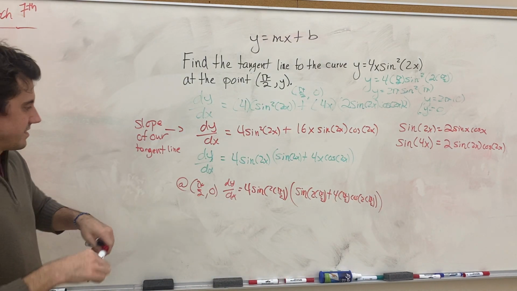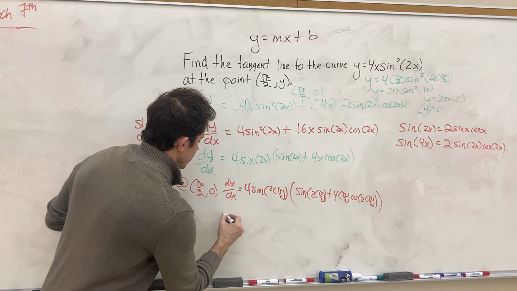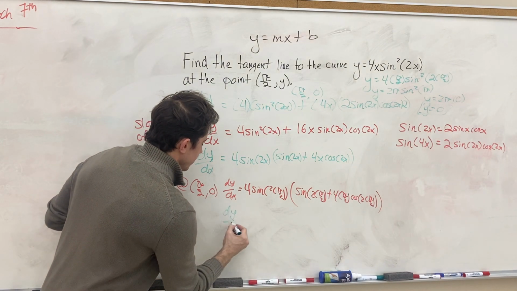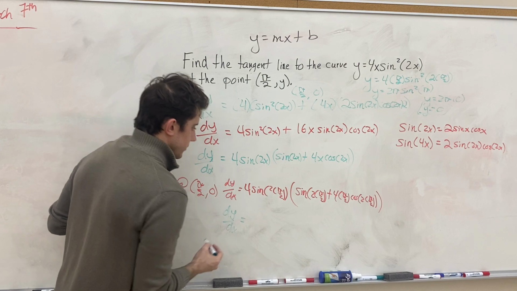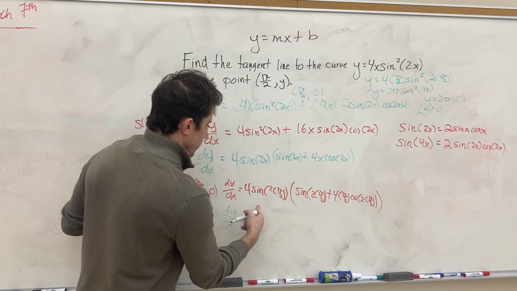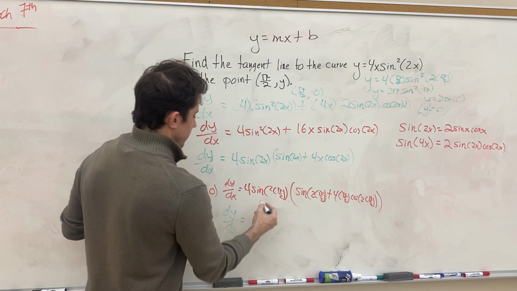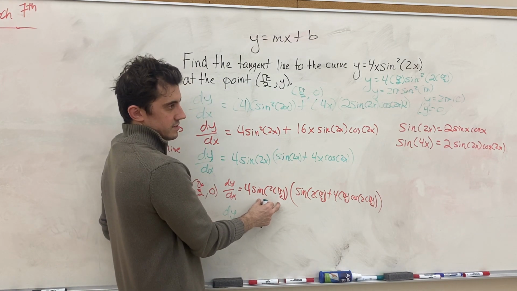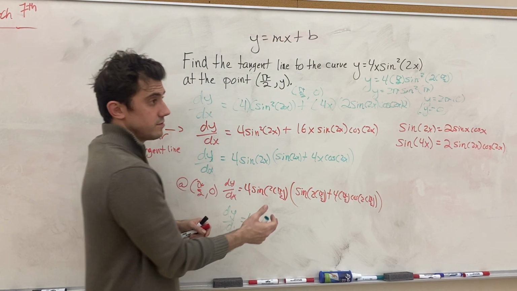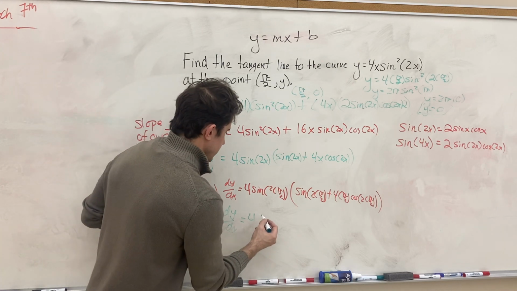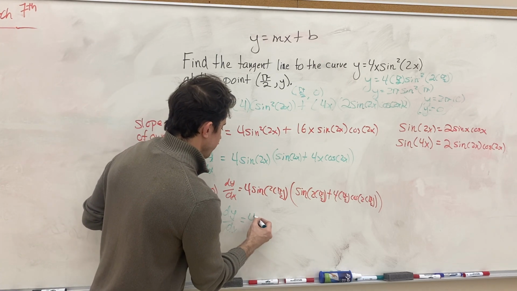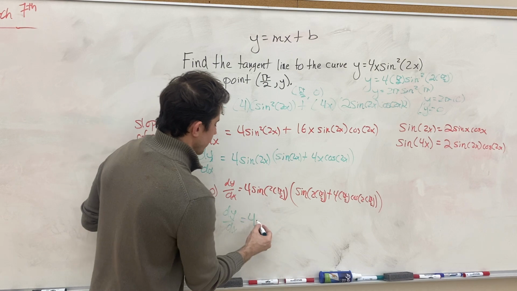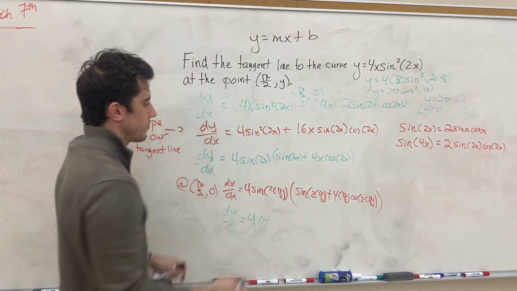We're getting towards the end here. So dy dx is equal to 4 sine of pi. Sine of pi is 0. So that's easy. That's 4 times 0, which means we're multiplying everything by 0.